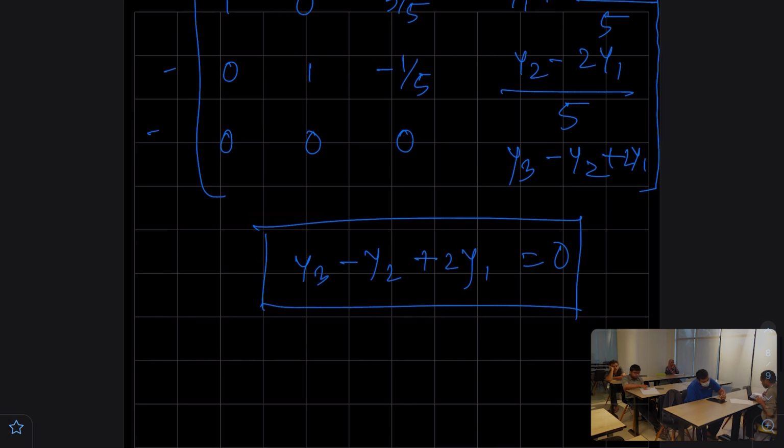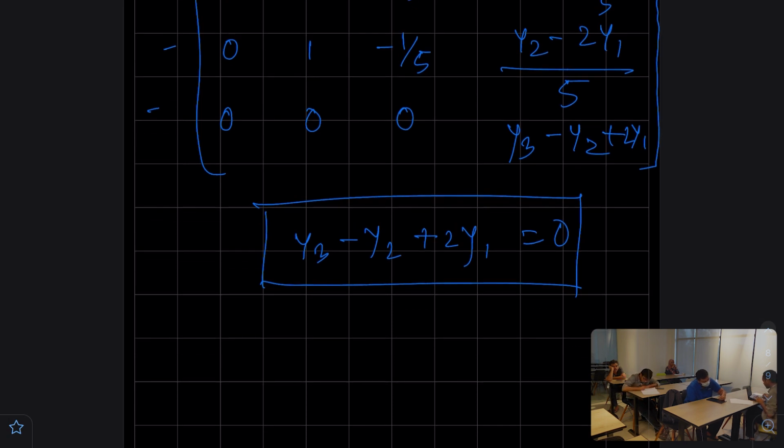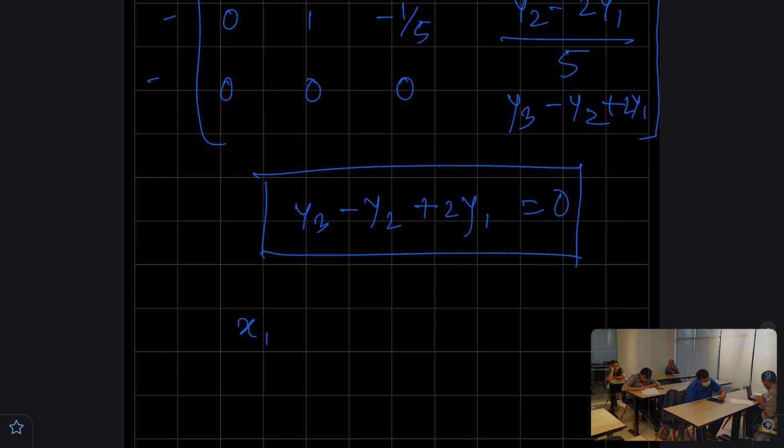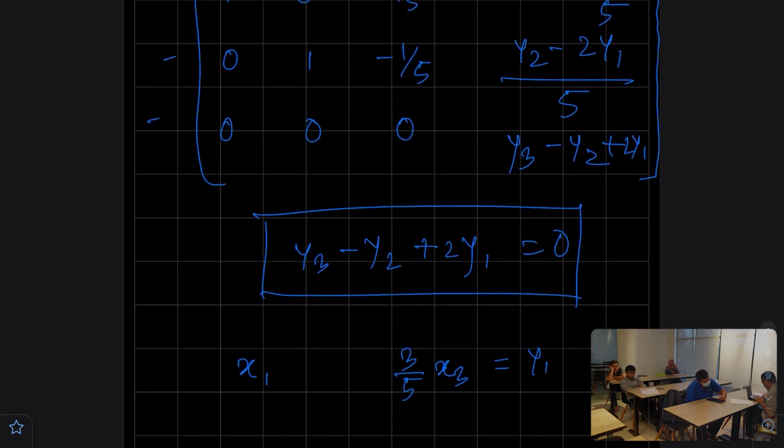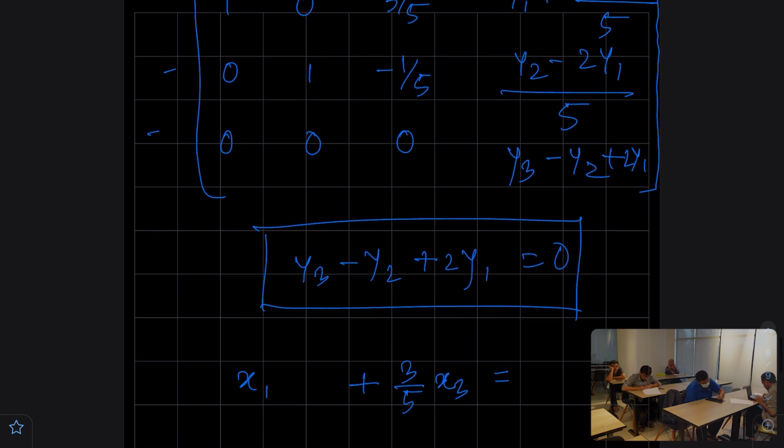Okay, so what will be the solution then? The solution will be x1 and 3 over 5 x3 equals y1 plus 2y2 minus 4y1 over 5. So just simplify it: y1 plus 2y2 over 5.